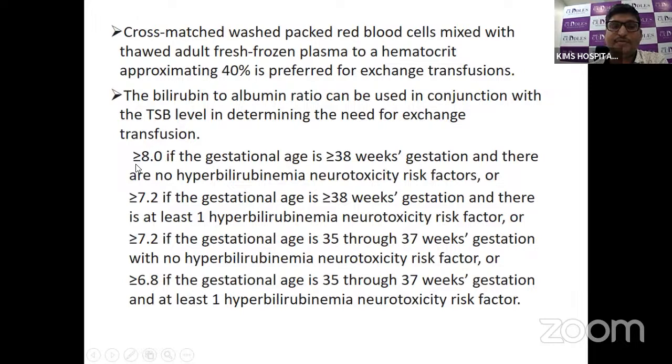This is the bilirubin to albumin ratio. So other than the exchange transfusion nomograms or thresholds, you can also look at the bilirubin to albumin ratio. Another thing is, even if the bilirubin is below the threshold but the child has signs of acute bilirubin encephalopathy, this requires urgent exchange transfusion.